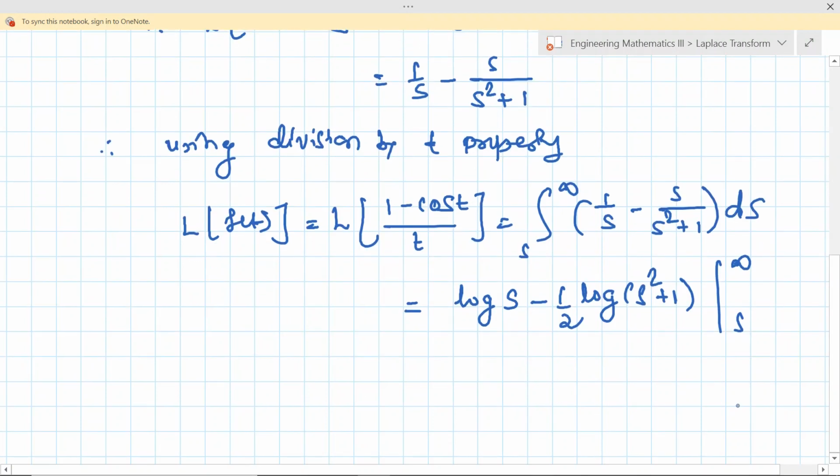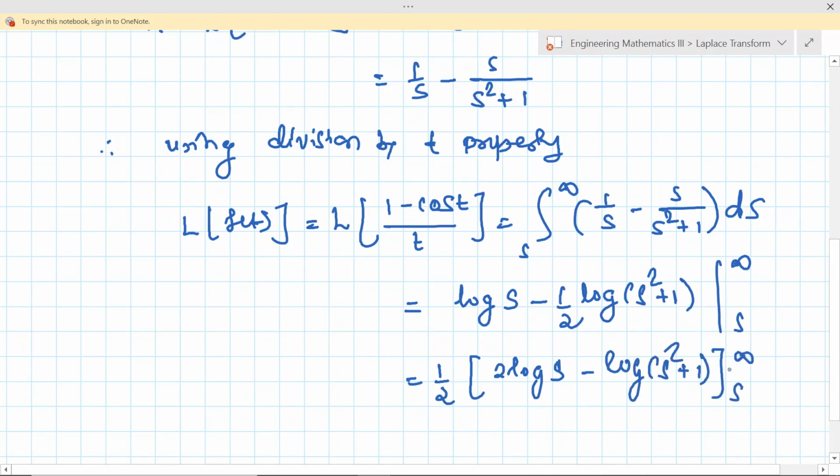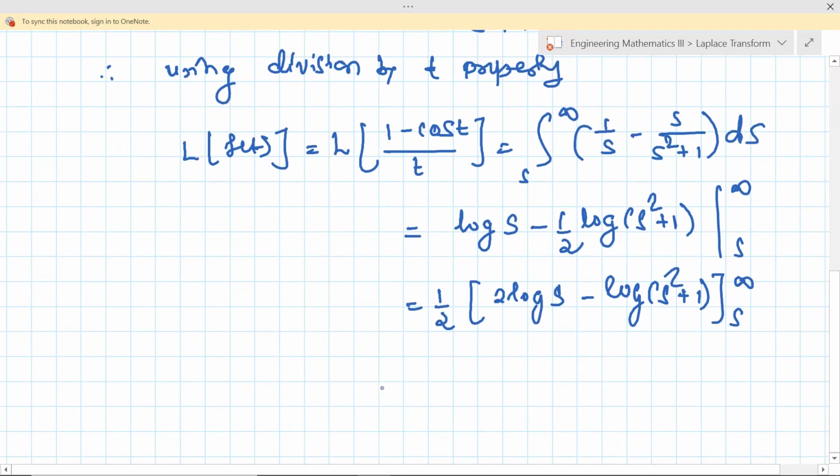Just make the adjustment here, and what do I get if I take 1 by 2 common? Inside it is 2 into log of s minus log of s square plus 1, from s to infinity. Then 1 by 2, it is log of s square, because we know the property that m log a is nothing but log a raised to m.